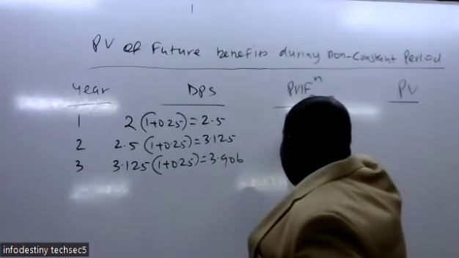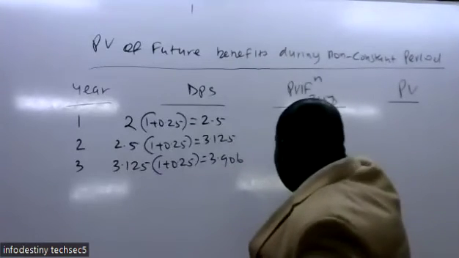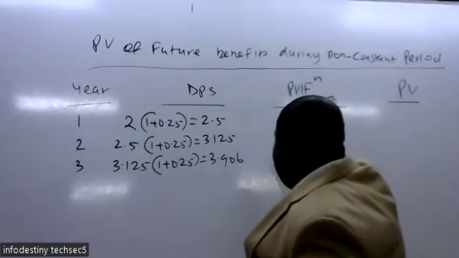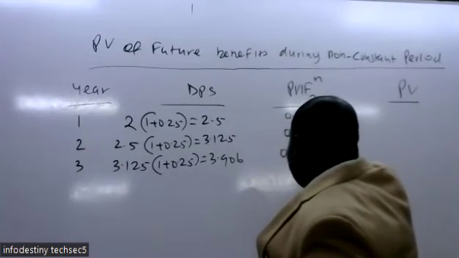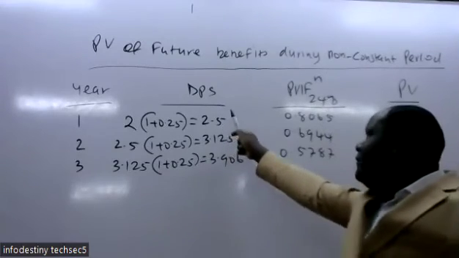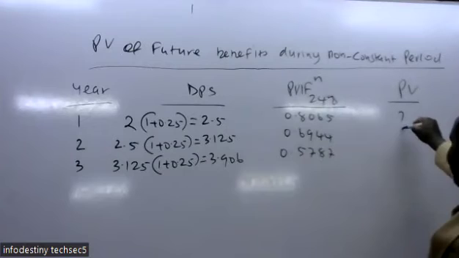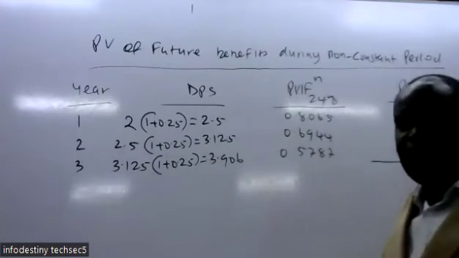How about year 2? 0.694. Then 0.5787. So I want you to multiply these figures by these figures. You get your present value. Then you add them together.